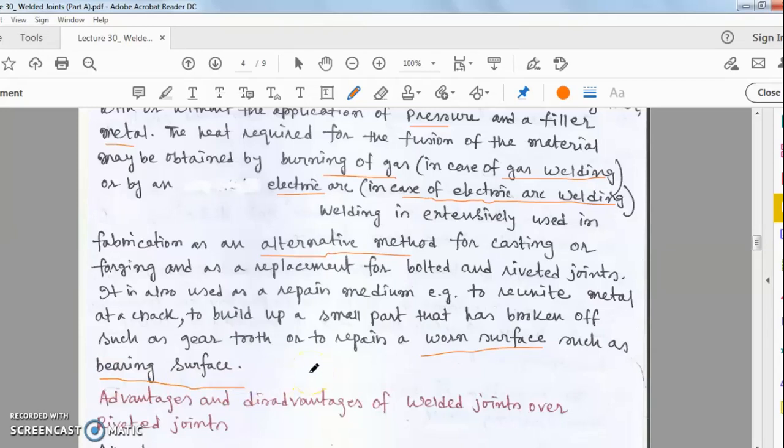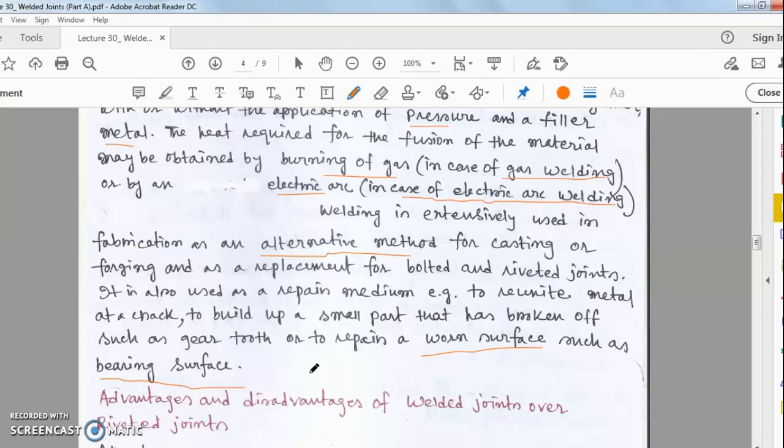Like this, you can see that it is fundamentally used in the fabrication process. It can be used as a replacement of the casting or forging method. Also, it is a permanent joint, so it can replace other fastening and joining processes like riveting and bolting. Those are the primary joining processes.